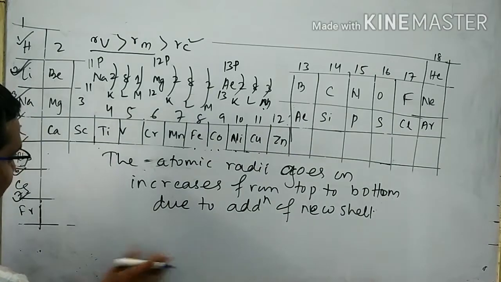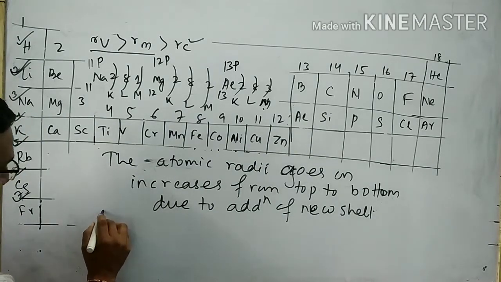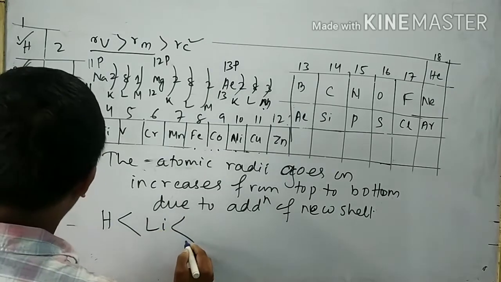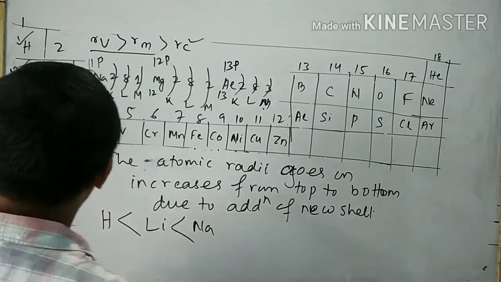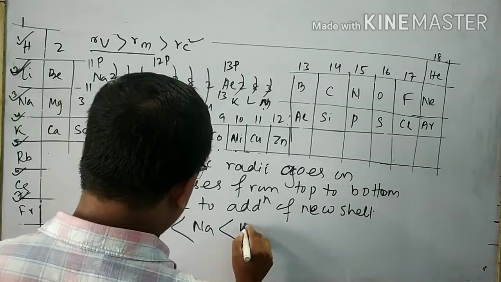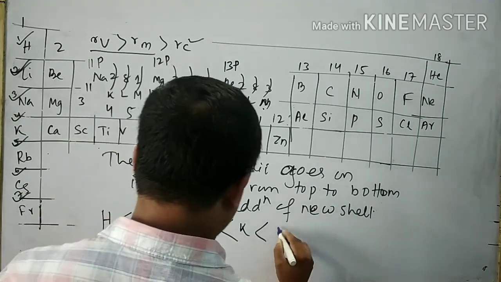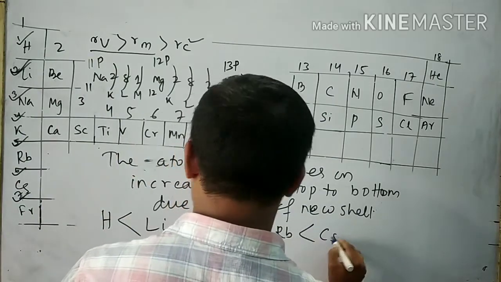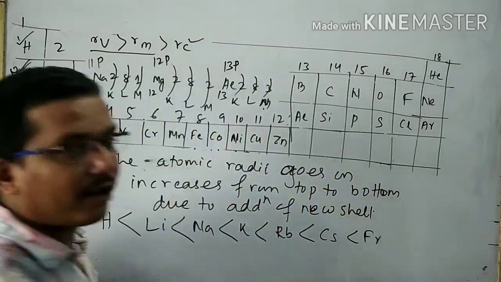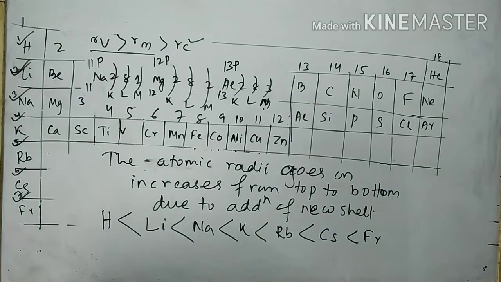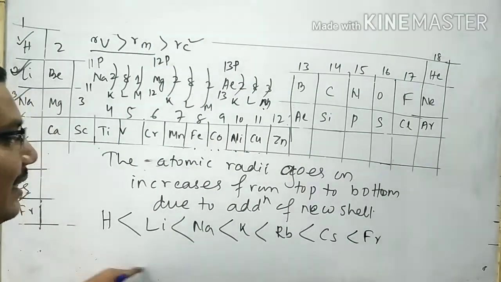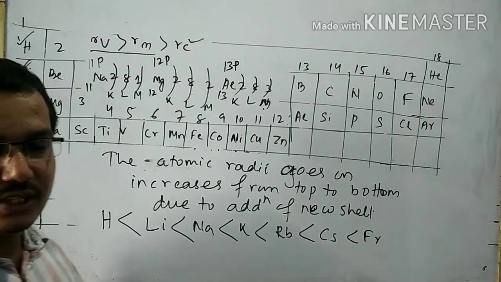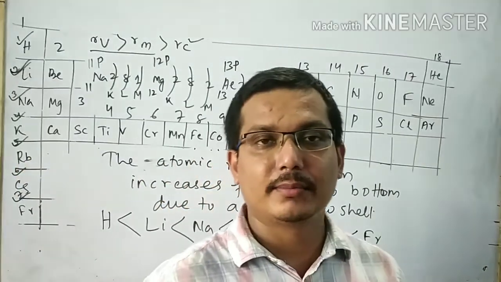So take an example. Atomic radii of helium is smaller than atomic radii of lithium, smaller than atomic radii of sodium, smaller than atomic radii of potassium, smaller than atomic radii of rubidium, smaller than cesium, smaller than francium. This is the order of atomic radii in the increasing order. That is all about your atomic radii.